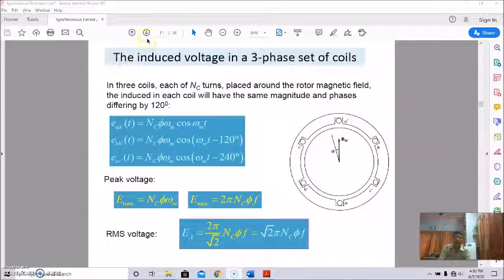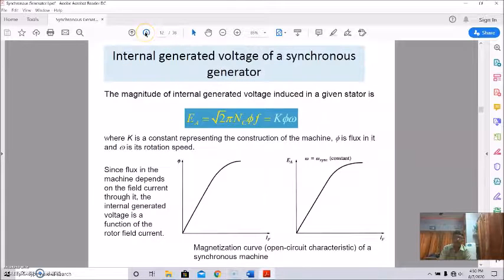So the magnitude of the internal generated voltage induced in a given stator is root 2 pi NC phi f.